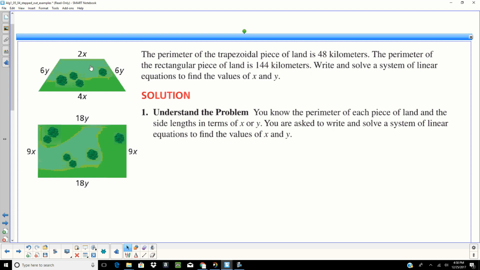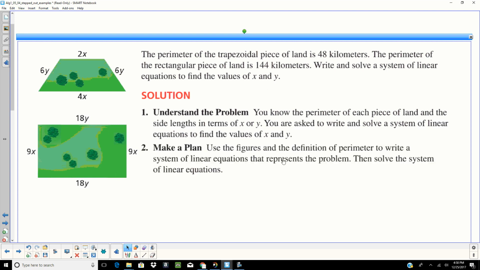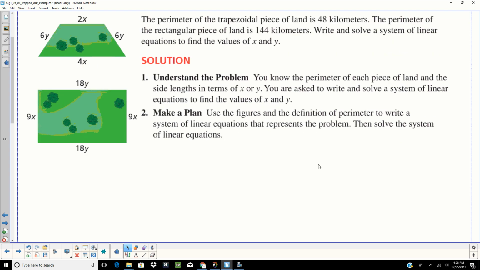Well, we've got a shape up here of a trapezoid with an x and a y, and they tell us the perimeter. And remind yourself, perimeter is the distance around. Same thing with the rectangle, the distance around is 144. So my plan is I'm going to write 2 equations and then have a system of equations to solve.